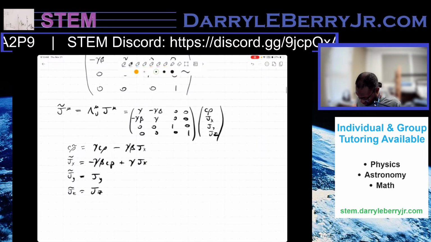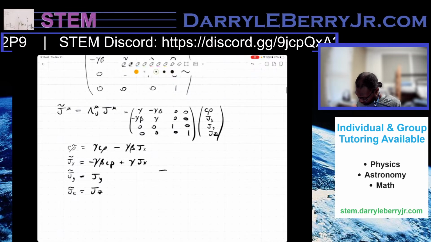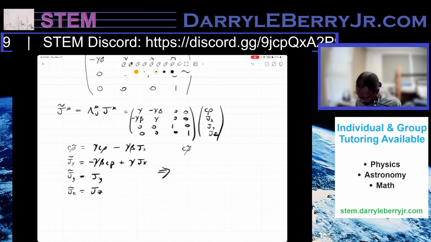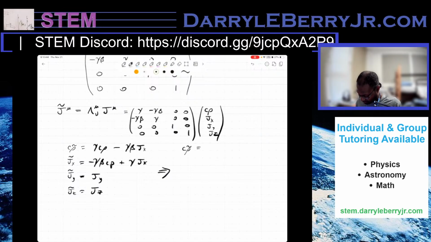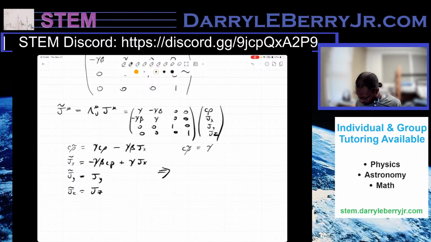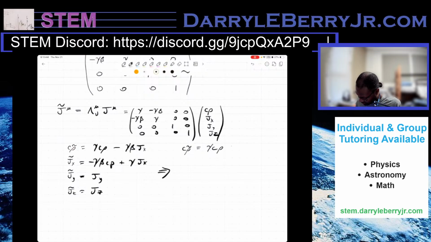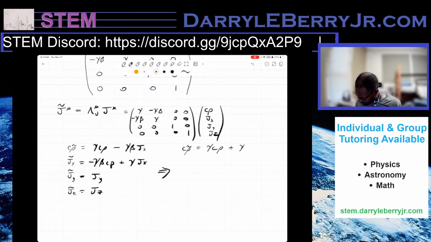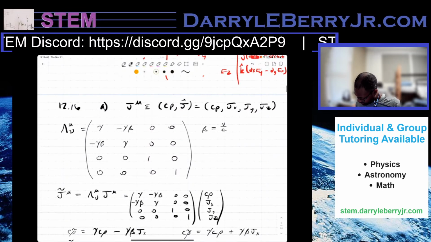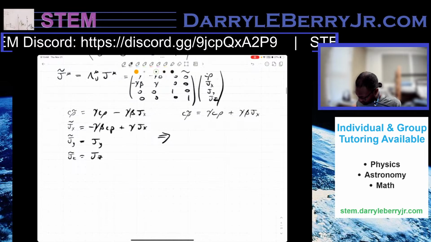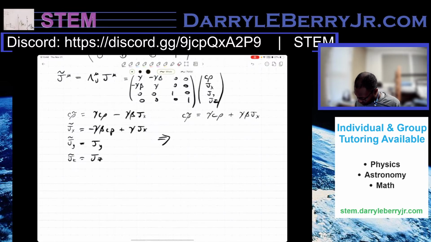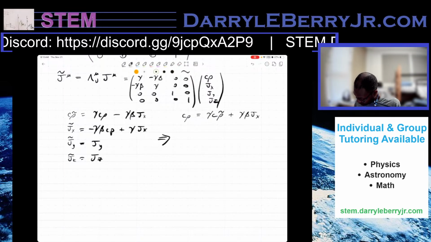And to convert this to the other form, all we have to do is change the sign of the velocity component. So that'll be gamma cρ plus gamma beta Jx, because remember that beta is v over c, so that's where the velocity is. And we have to swap everything.